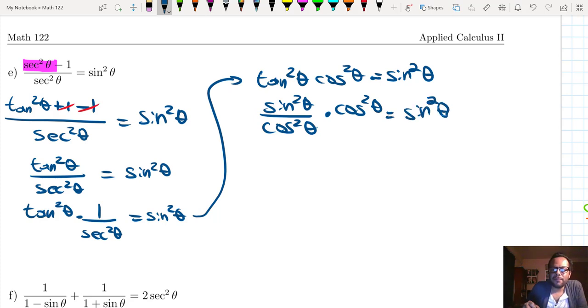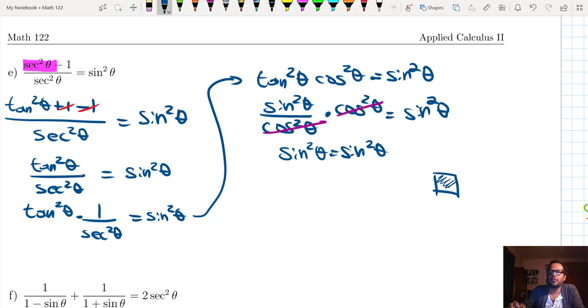This cosine squared divides out this cosine squared, that is sine squared theta equals sine squared theta. And that's how we verify this identity. Okay.